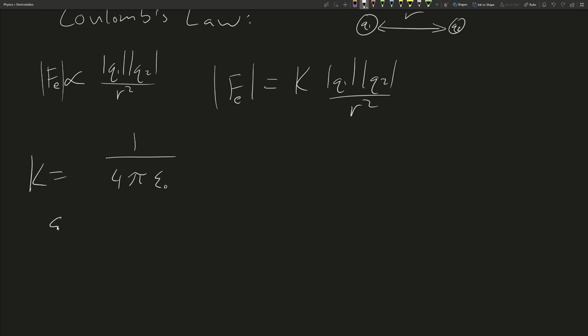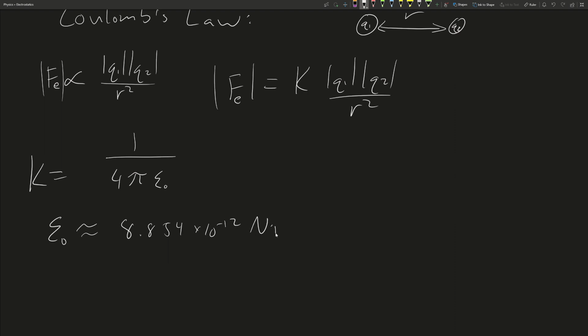Here, this epsilon null is called permittivity, and it is roughly equal to 8.854 times 10 to the negative 12.